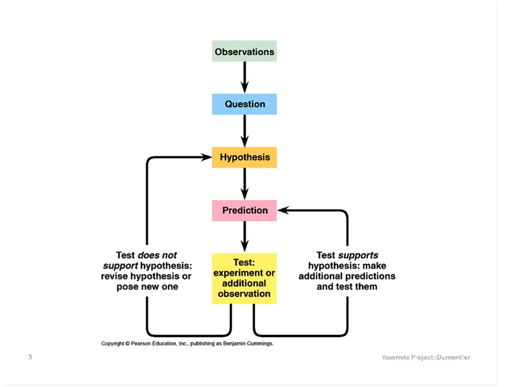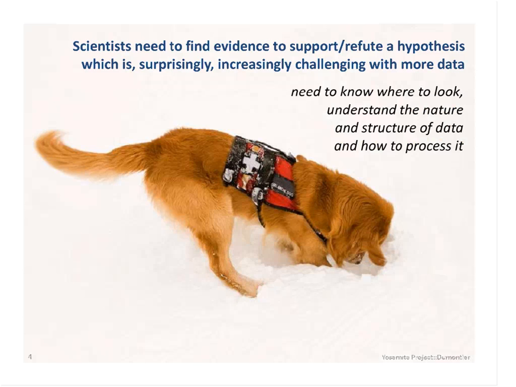And this is really key. We are at the point where we have so much information that we really need to make use of that information to help inform the science of medicine. So the problem, however, is that finding the evidence that would support or refute some kind of hypothesis is actually very, very difficult.